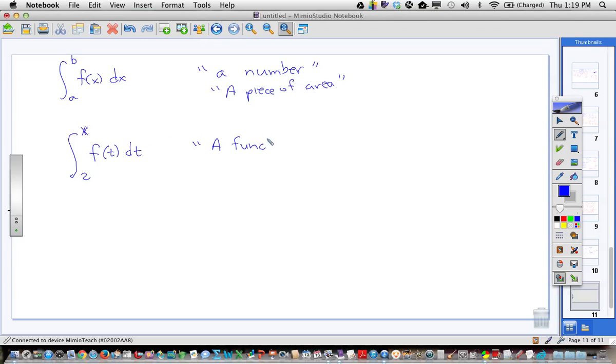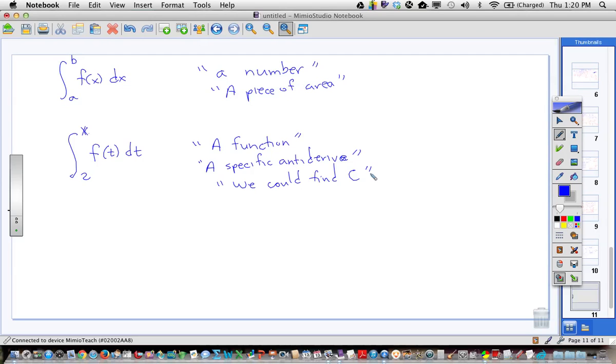And more importantly, it was a specific antiderivative we could find the c, right? So we knew that that was an area function. It was the antiderivative of little f, and we could find the c because of what? Because that 2 down there.